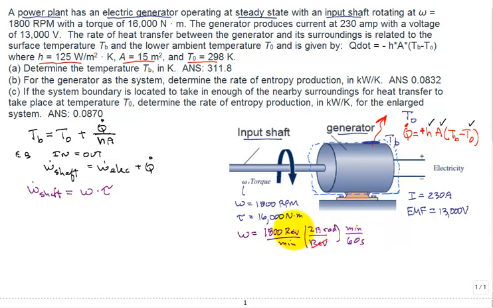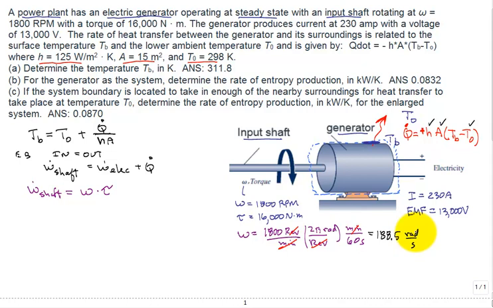So our revolutions go and our minute goes, and we're left with radians per second, and we can make that calculation. Let me see if I did. It turns out to be 188.5 radian per second.